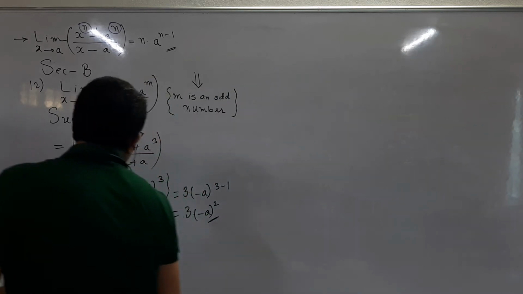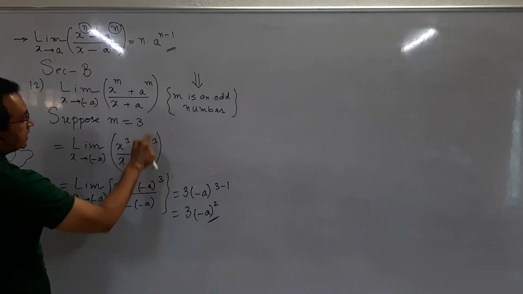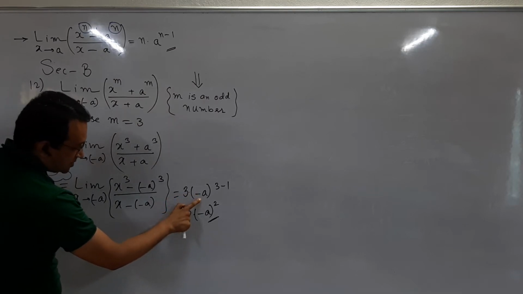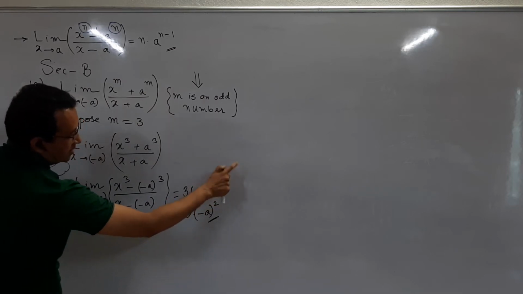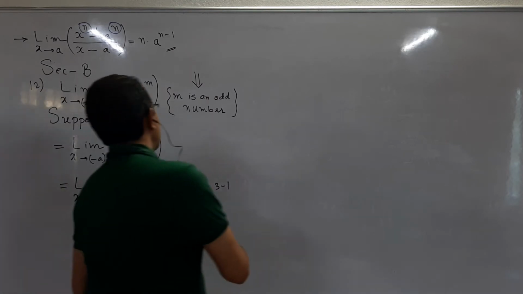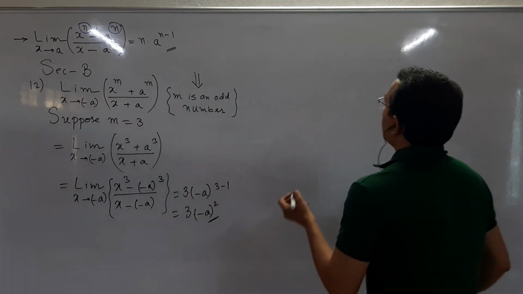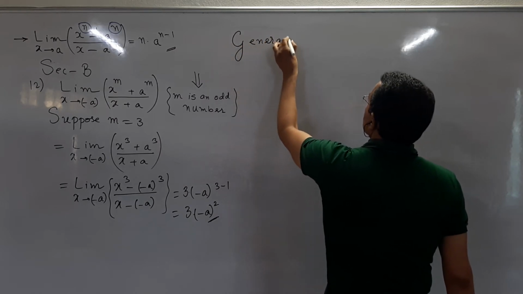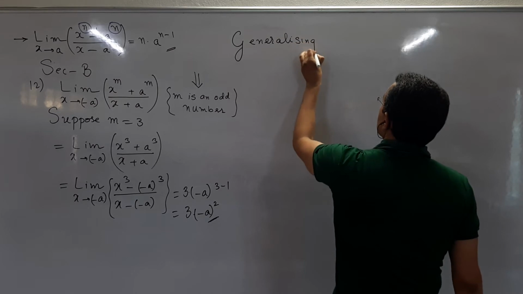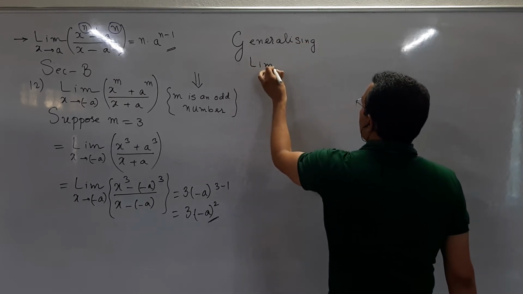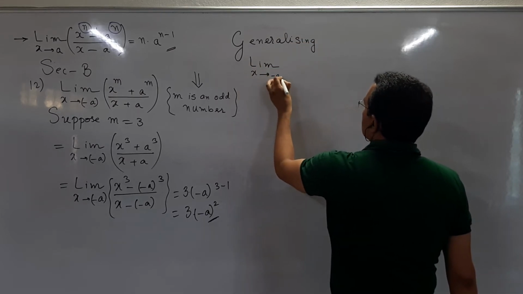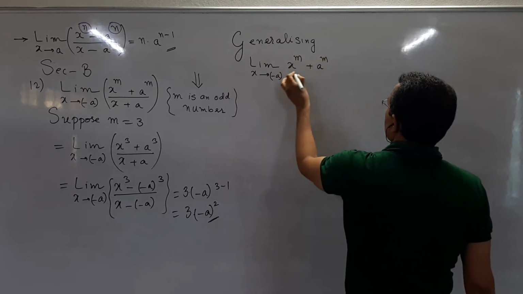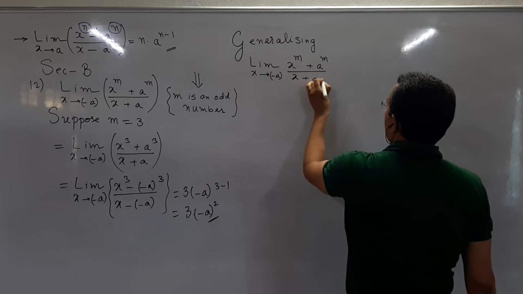So if I take n instead of 3, what will the answer be? n minus a raised to n minus 1. So generalizing, students, we will have limit x tends to minus a, x raised to n plus a raised to n upon x plus a.